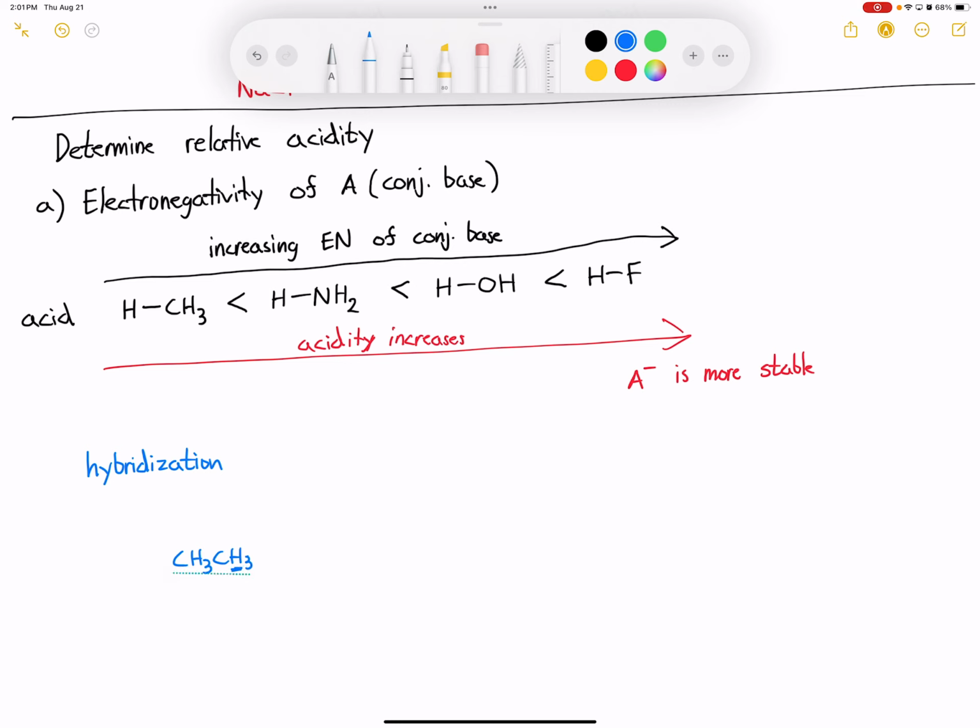So, what's the hybridization on this carbon? Any one of them, because they're both the same, right? They both have 4 bonds. So what's the hybridization on one of these carbon atoms? sp3, thank you. And do you remember which hybridization has the highest S character?